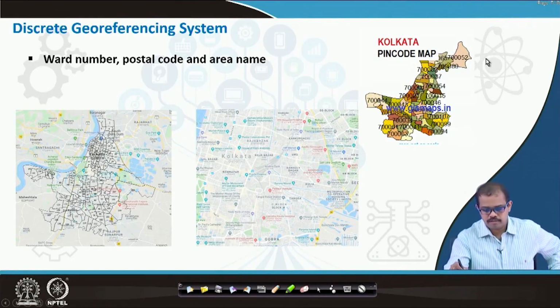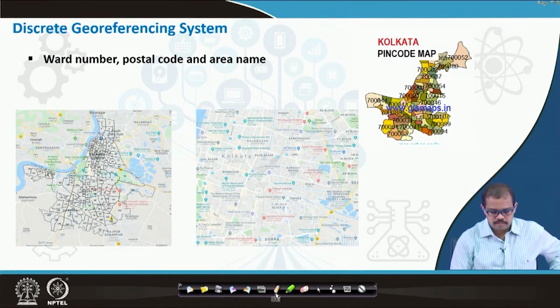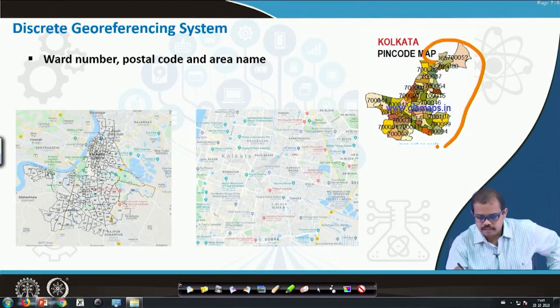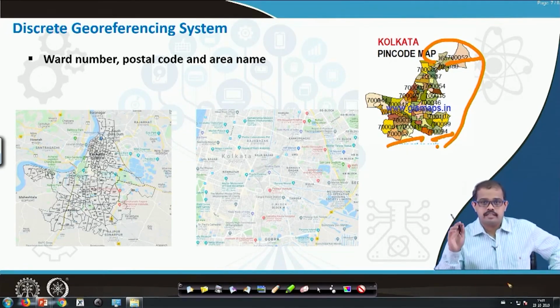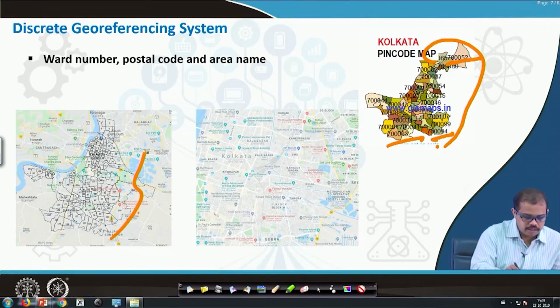For example, I have shown here the entire Kolkata city. Here you can see these numbers, 700052 to 700639, all of which are representations of the pin codes of that particular city. Now we have different wards in the entire city.